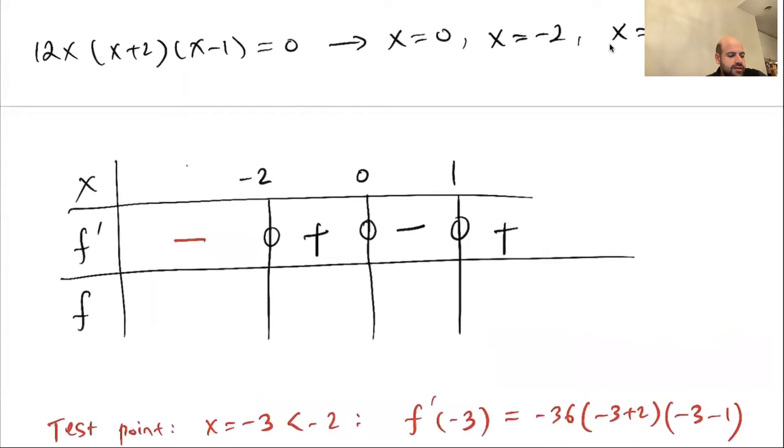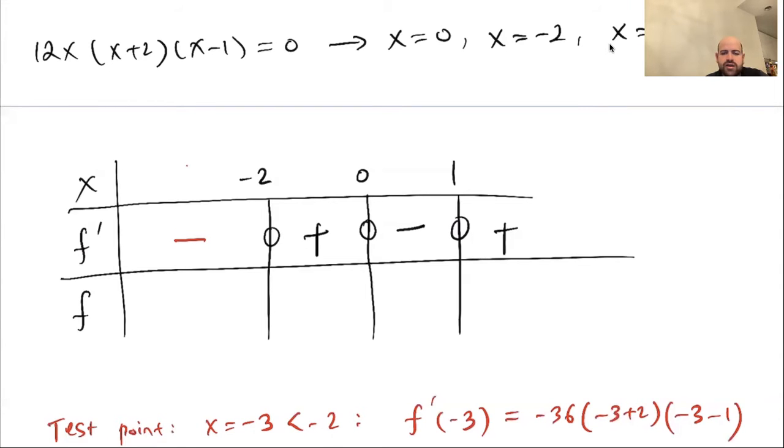So f prime is negative less than minus 2, between minus 2 and 0 positive, between 0 and 1 negative, and after 1 again positive. Of course, if you don't want to use this method of changing the sign alternately, you can use another test point between minus 2 and 0, and you can see that the sign will be positive.